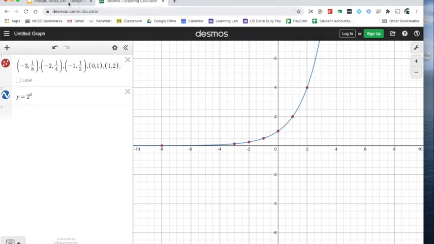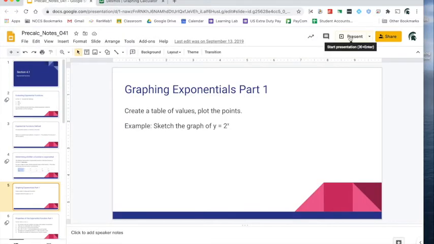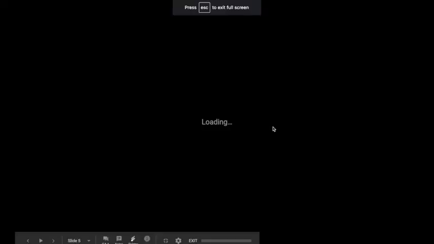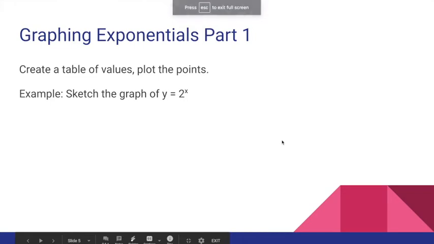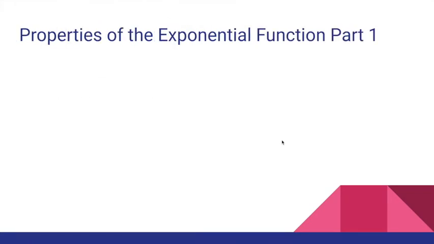So that's the general shape that we're going to have for exponential functions, and that shape can be oriented in a couple different ways, but that's a good starting point. We're graphing something like 2 to the x.